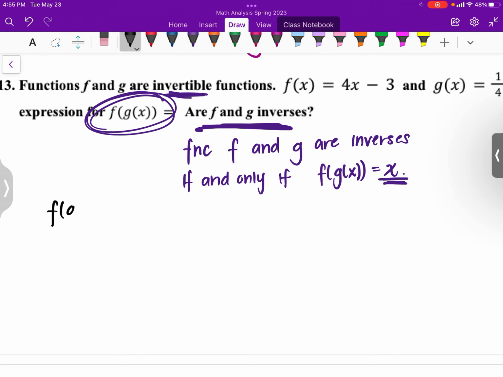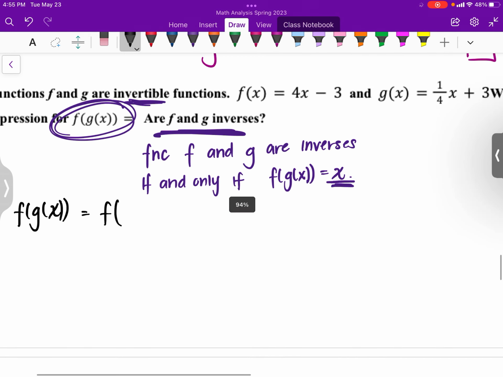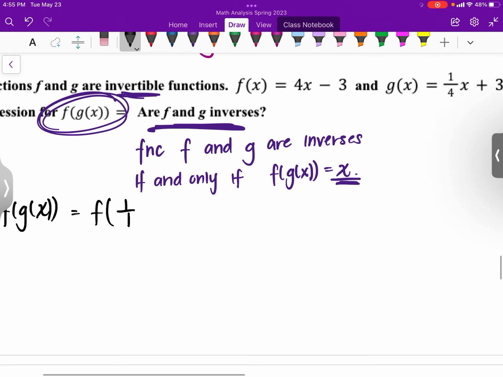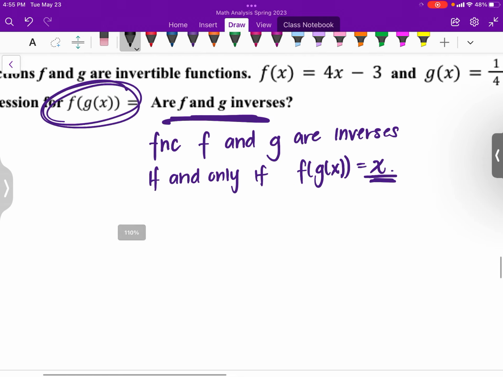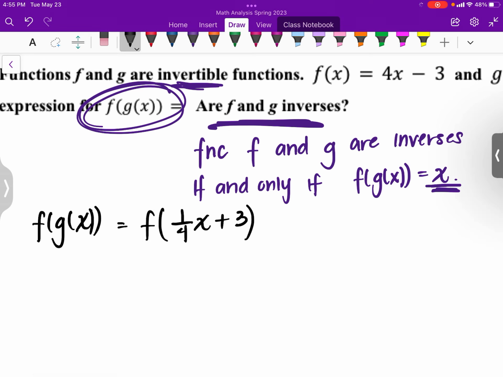I have f of g of x, which means I have f of what g of x equals, which is 1 over 4x plus 3. So what this is telling me is that wherever I see an x in f of x, I have to substitute in that.